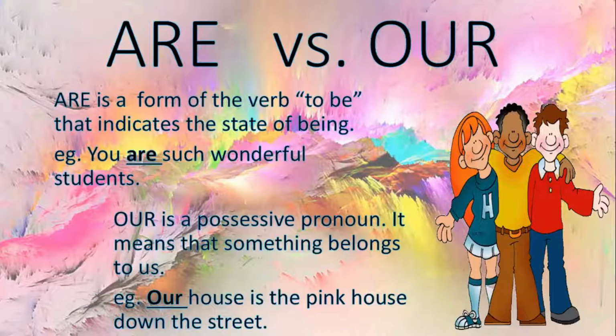Let's look at our first set of homophones, A-R-E and O-U-R. A-R-E is a form of the verb to be, and it indicates a state of being. A-R-E, students, for us is a helping or linking verb.